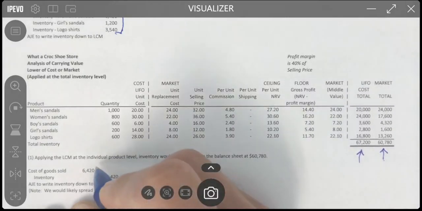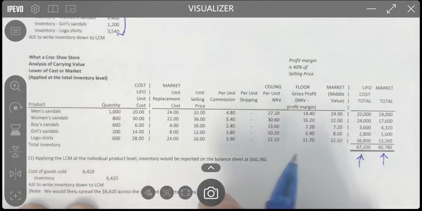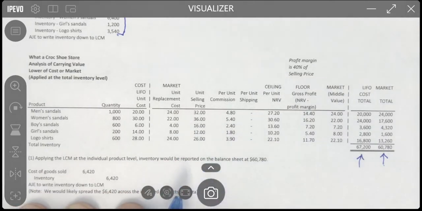So we debit cost of goods sold for 6,420 and credit inventory for 6,420. It becomes basically a contra inventory account. Or we can spread the 6,420 across the impaired products pro rata.